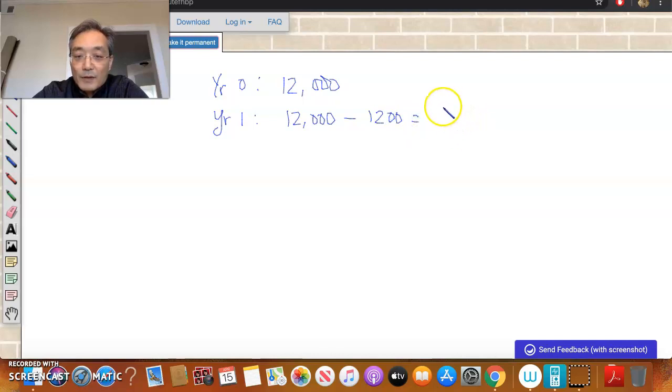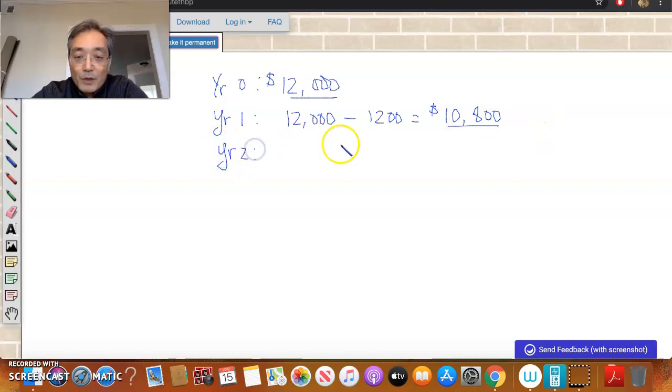If you do the math here, he's left with $10,800. So now his car is only worth that much. He's lost $1,200 on the value of his car. That's how much it's worth after year 1.